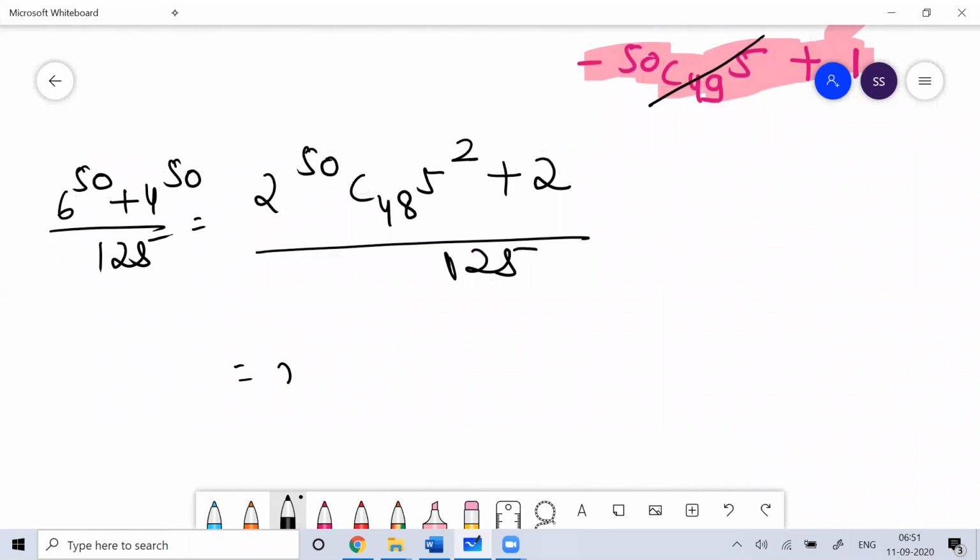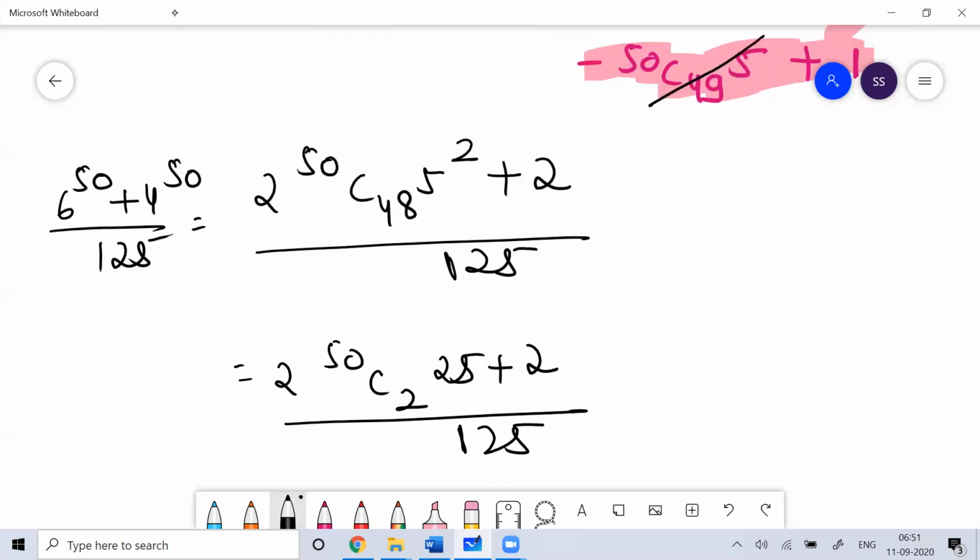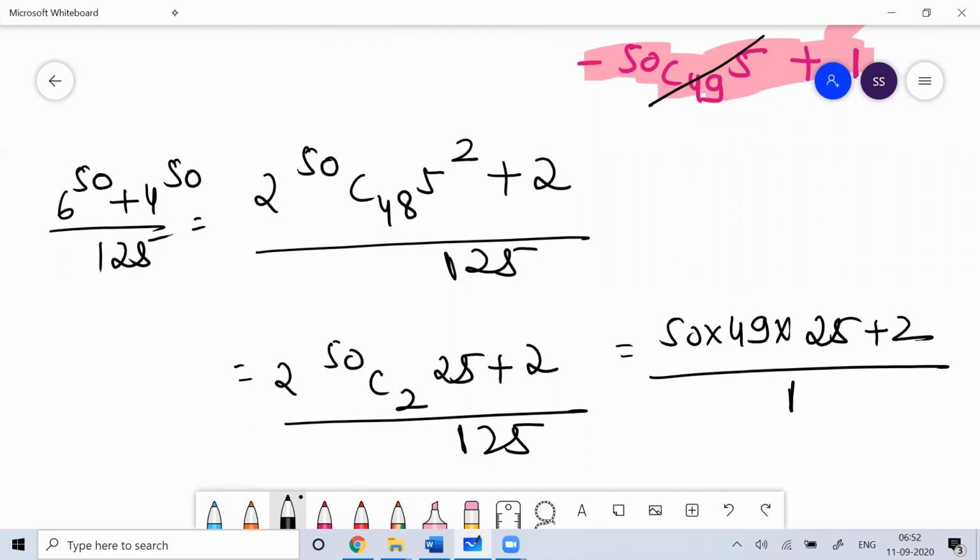This I can write as 50C2, 5 square means 25, plus 2, divided by 125. So 50C2 is 50 into 49 by 2. So 2 will get cancelled. So 50 into 49 into 25 plus 2 divided by 125.